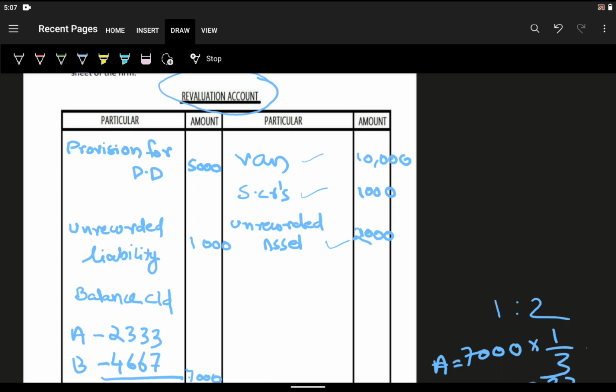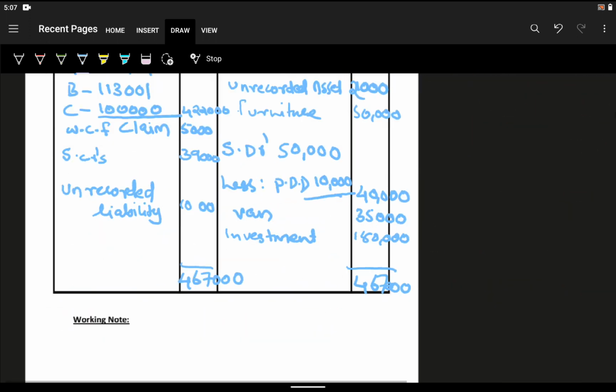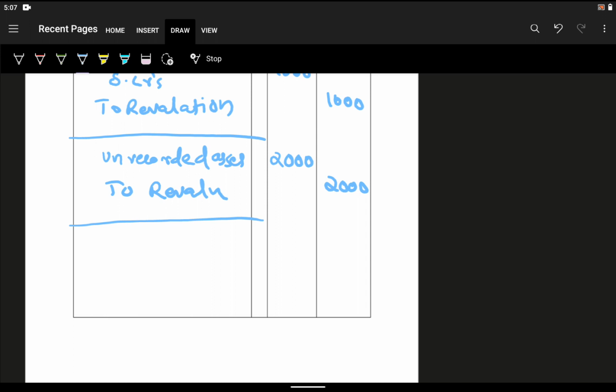So here provision is debited, so we'll credit that provision. Then we will debit revaluation. So revaluation account debited to provision for doubtful debt, that is 5,000 we will debit, 5,000 we will credit.